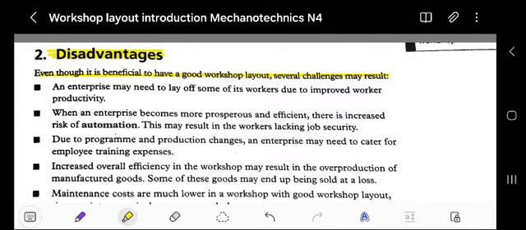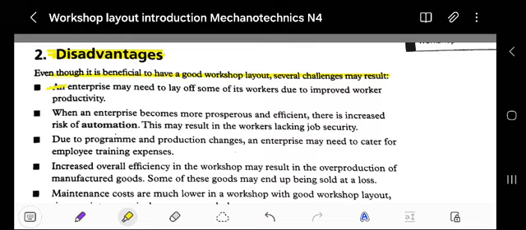Remember, everything has disadvantages and advantages in this world. I don't know about you, but it's what I know. Everything has advantages and disadvantages. Even loving too much has a disadvantage. So you'll understand that.